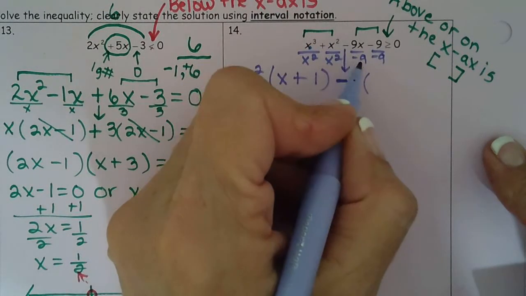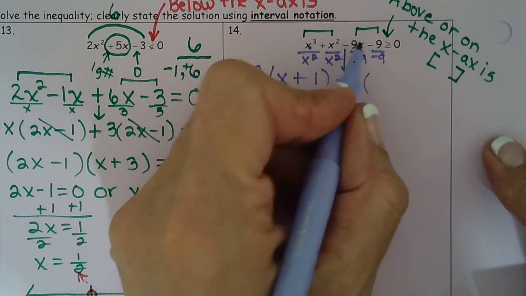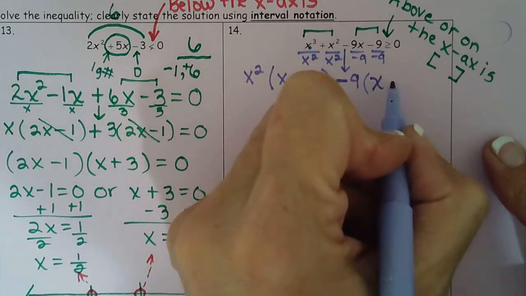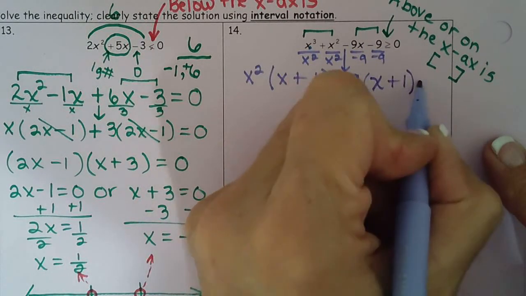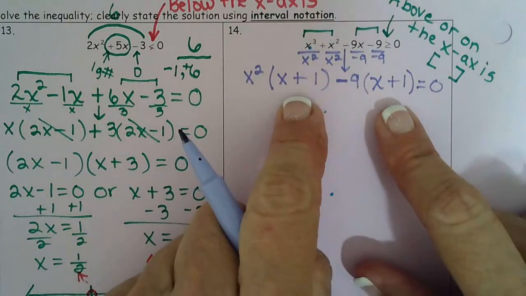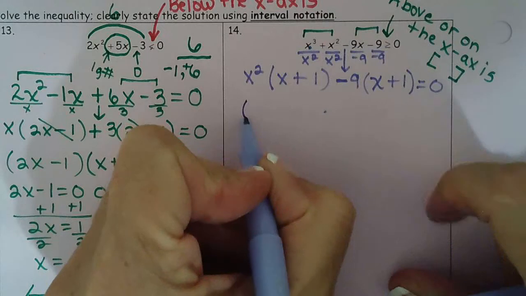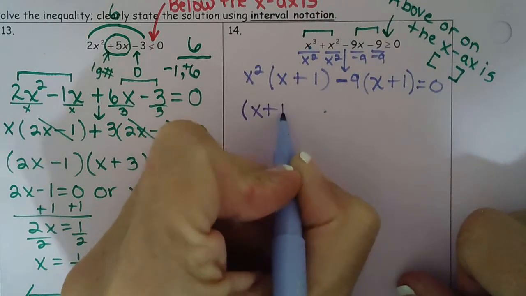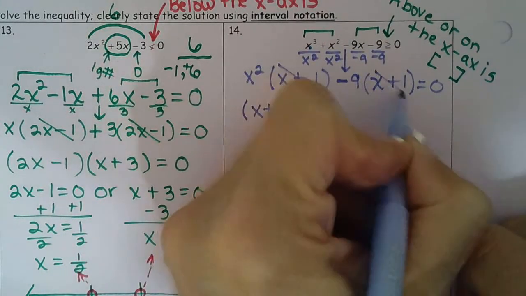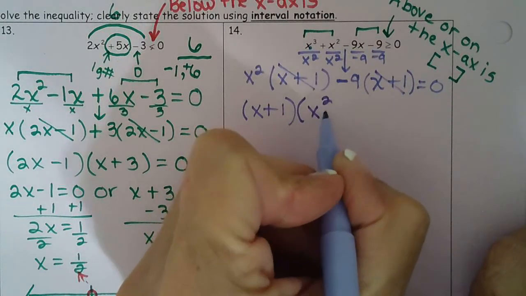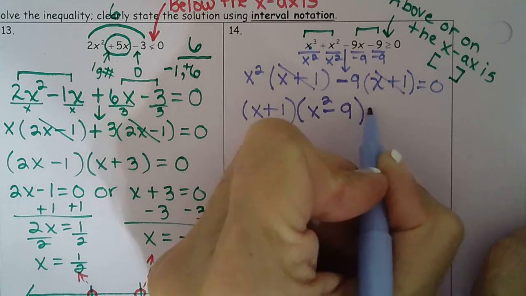So negative 9 divided by negative 9 is 1x, or just x. Negative 9 divided by negative 9, positive 1. And we look and go, yay, our parentheses match, so we're on the right track. So we pull out that common binomial, x plus 1. And then we write what's left in the second parentheses, which would be x squared minus 9.